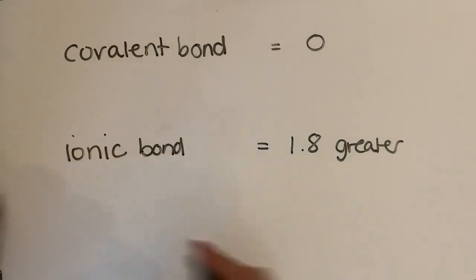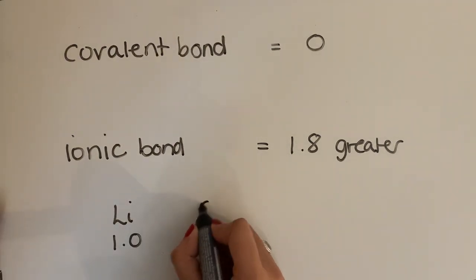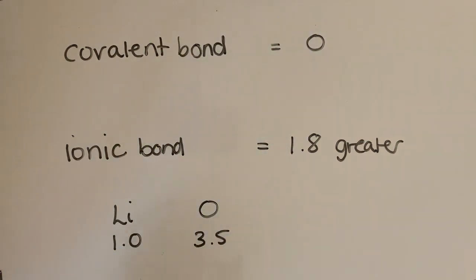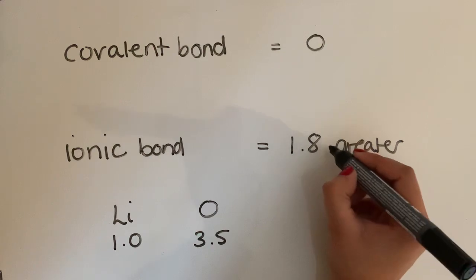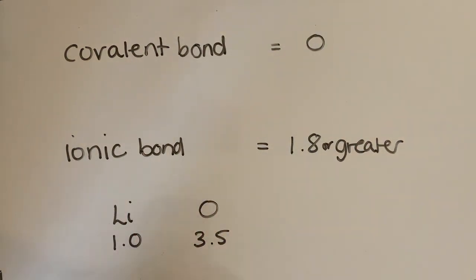Lithium has a value of 1.0, and oxygen has a value of 3.5. On the scale, the difference between them is 2.5. That is 1.8 or greater, and therefore lithium and oxygen will give an ionic bond.